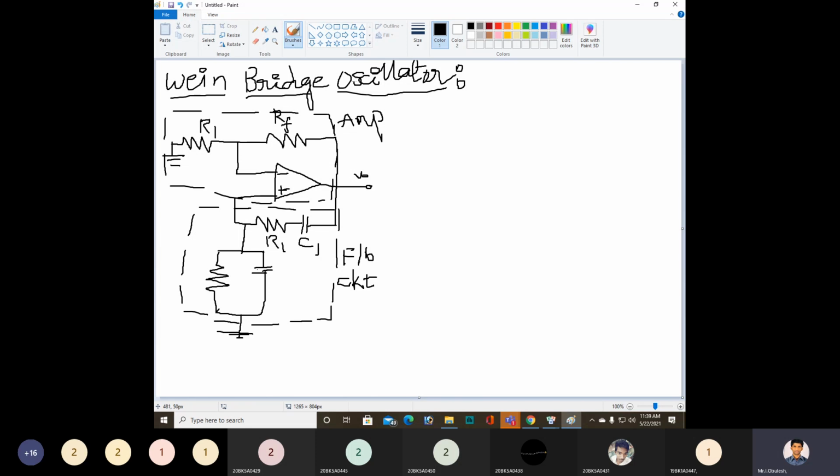So for this we need to draw the bridge network. We need to draw the bridge network with the help of op amp only.